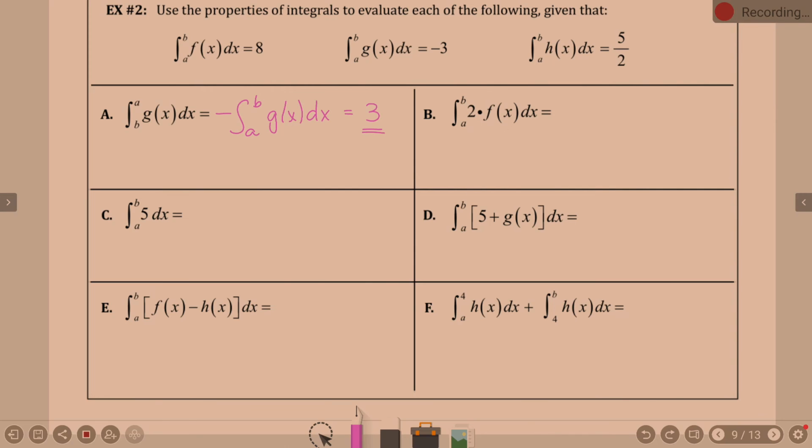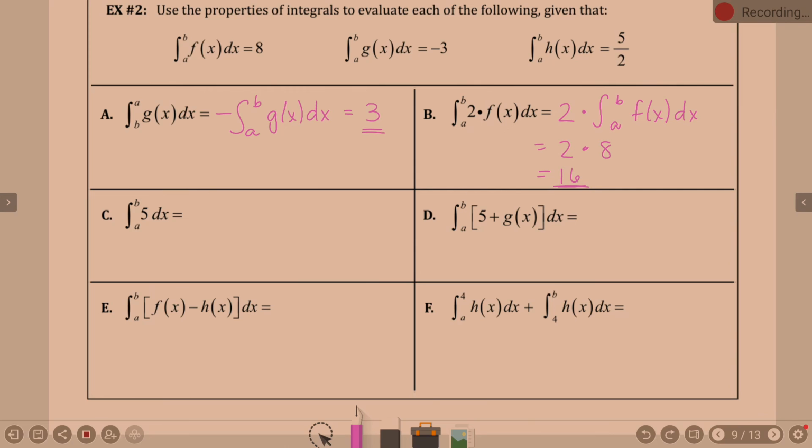Okay, the one that says you can pull the constant out front. Is it number 4? Yeah. So officially the rule is I can pull this 2 out front, and that's 2 times the integral from a to b of f of x dx. So then you have 2 times the integral from a to b of f, which is 8, and that is 16.